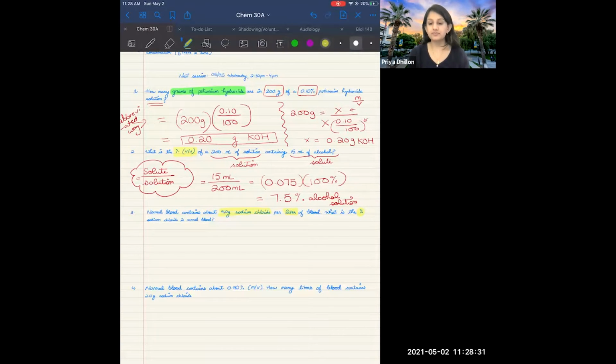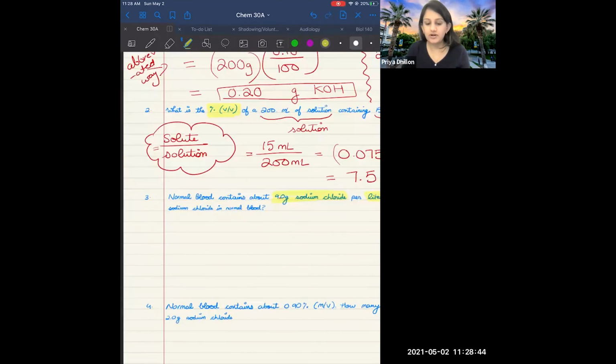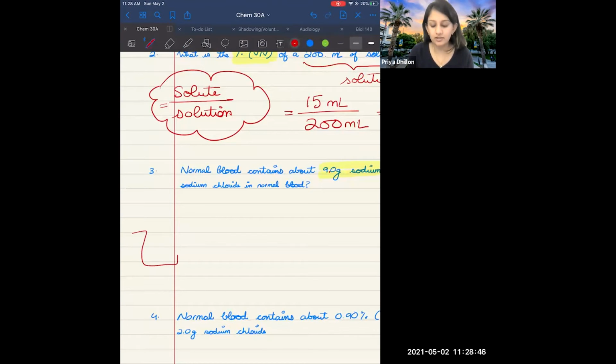So now they didn't technically give us the number for the blood, right? They just told us that you have blood. So let me try to draw this. Like, this is how I learned chemistry, honestly. For example, this is my normal blood, okay?